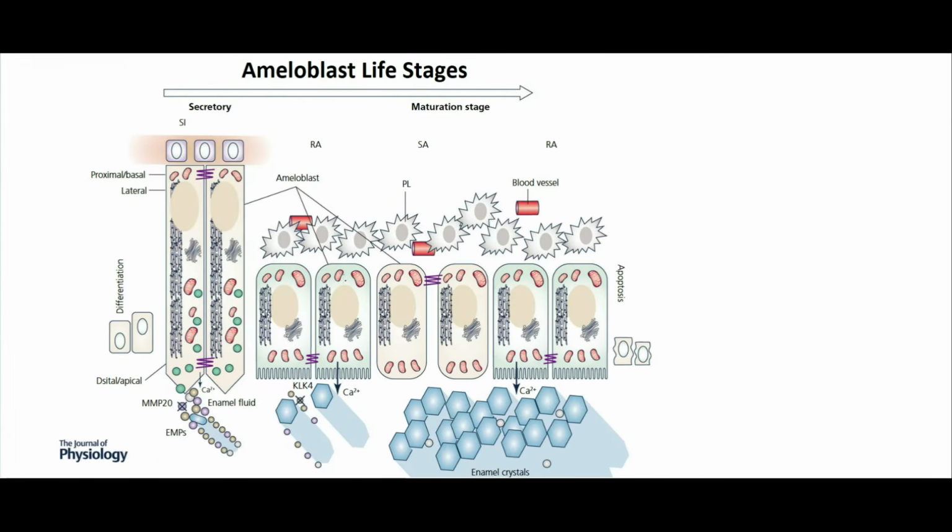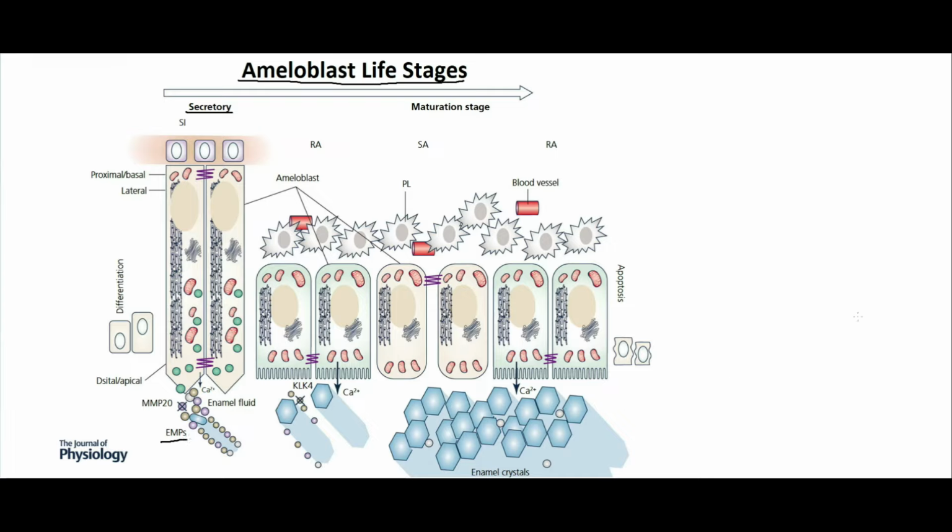So the cells that generate the enamel are called ameloblasts. And so the ameloblasts live in these life stages. The first stage is the secretory stage, and it's secretory because they are secreting things. In particular, they're secreting these EMPs, which stands for enamel matrix proteins.